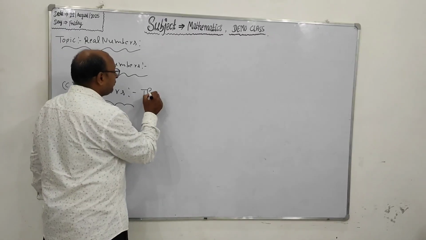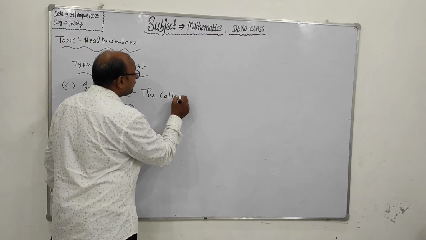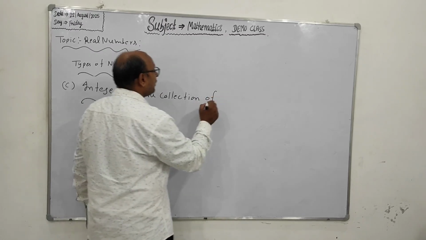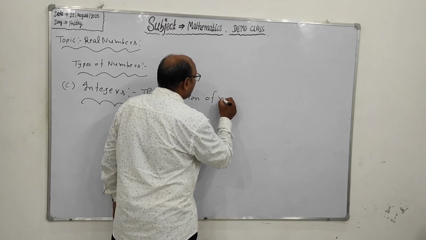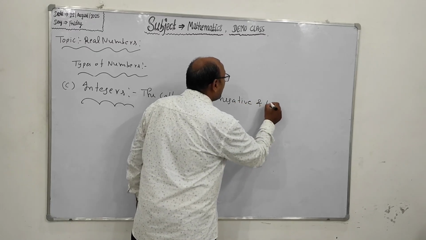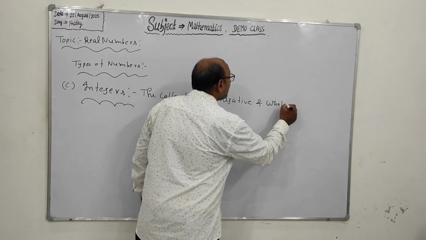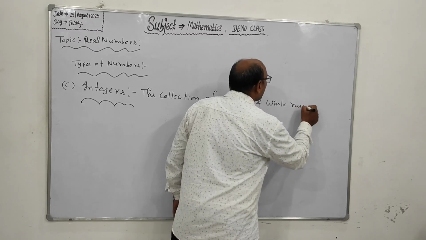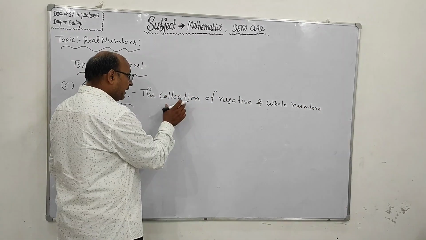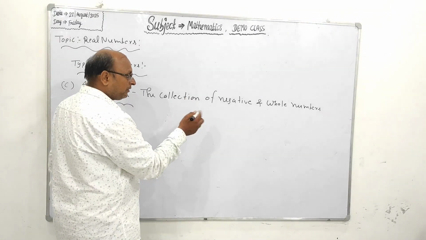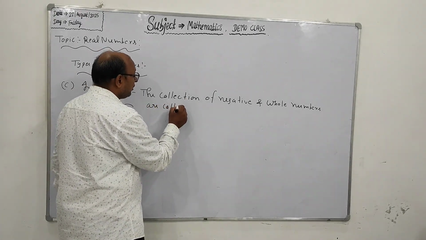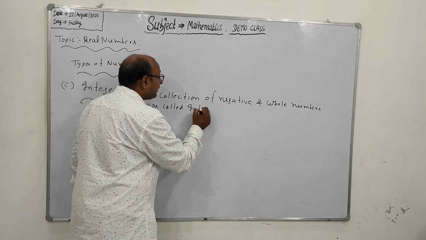The collection of negative numbers and whole numbers are called integers.